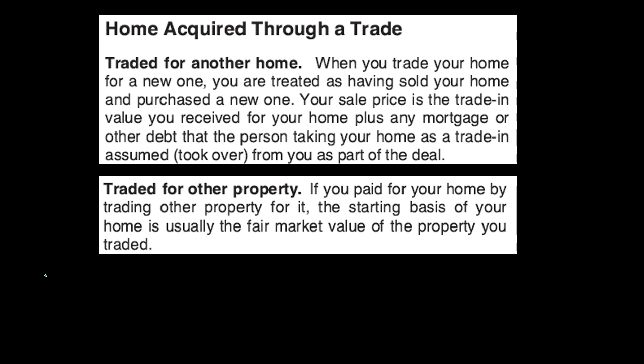So if we have these kind of considerations where we had a trade for the home, in this case, if we have the trade for the property, we would have to consider the basis because we need to know what the cost is as the fair market value of the property we traded for. You can see how that would be a little bit complex possibly because the item that we traded for may be somewhat unique in nature, as real estate is unique in nature and other items could be somewhat unique.